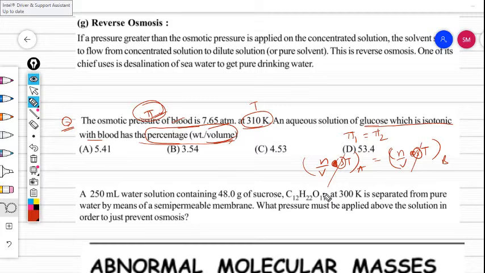Based on the variables only you need to calculate. T is not mentioned here, so you can consider it at the same temperature.